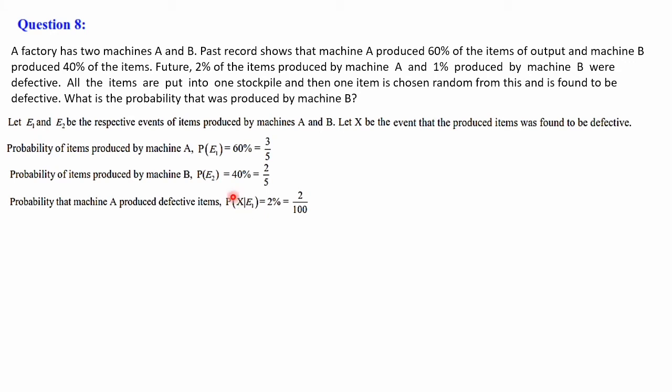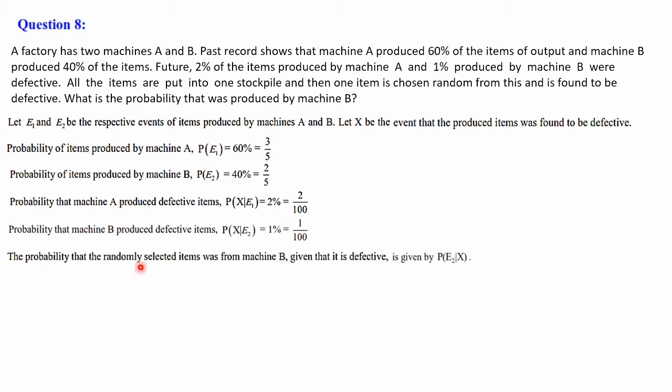So a defective item is taken given that it is produced by machine A. So that is probability of X given E1, that is 2% of the total, that is 2 by 100. Next is X given E2, that is a defective item is taken given that it is produced by machine B. Probability that machine B produced defective items. Probability of X given E2 is equal to, in the question it is given to you 1%, that is 1 by 100.